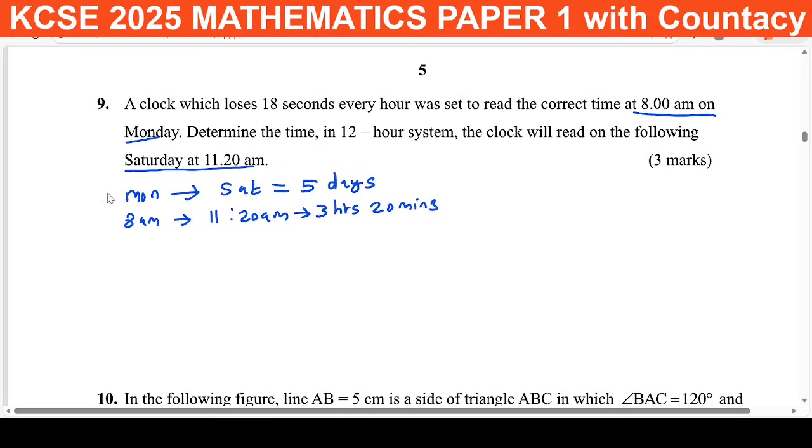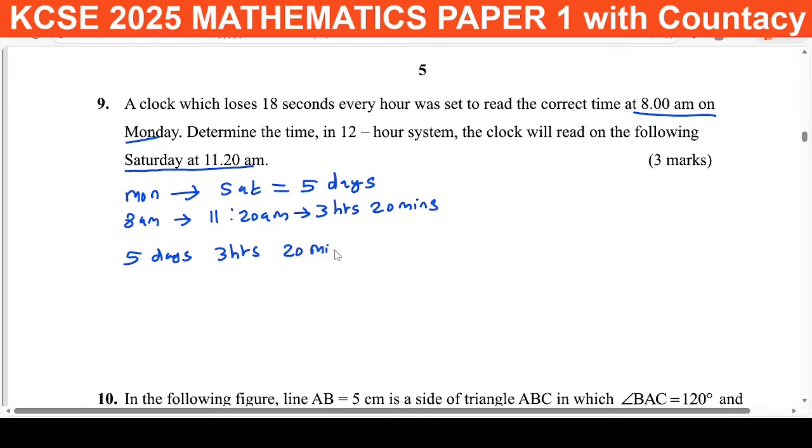So the total time from Monday 8 a.m. to Saturday 11:20 a.m. is 5 days, 3 hours, 20 minutes.